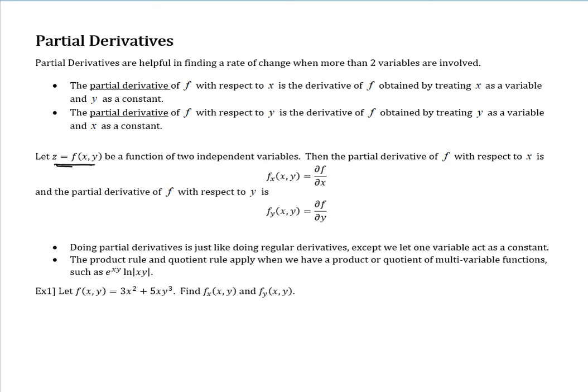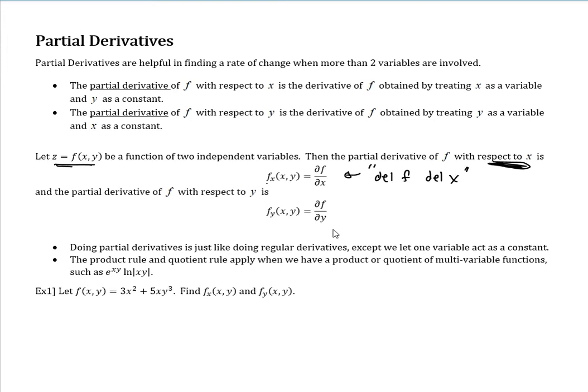And the notation for the partial derivative of f with respect to x is a little tiny x down below. Notice there's no prime, we just put a little x. Or we use del f del x, which is how that one would be said.